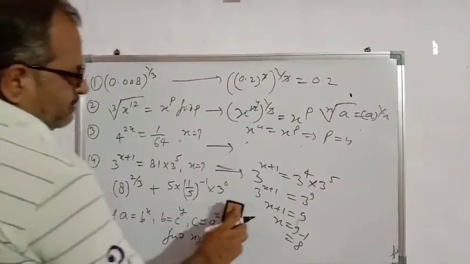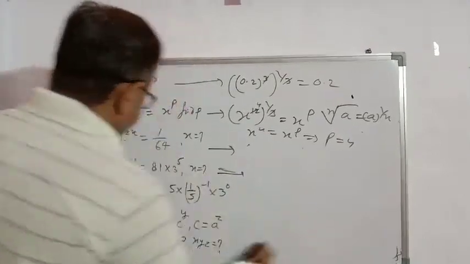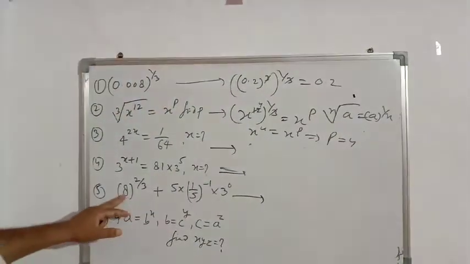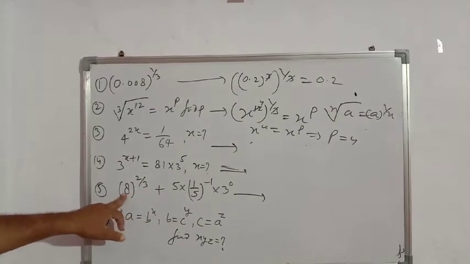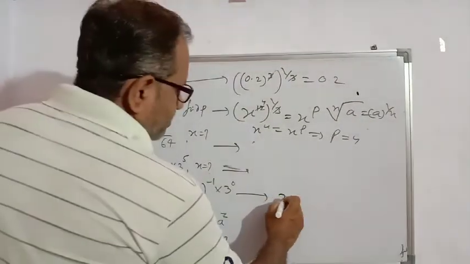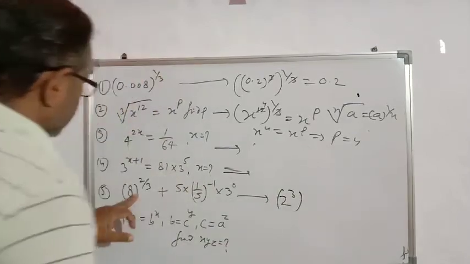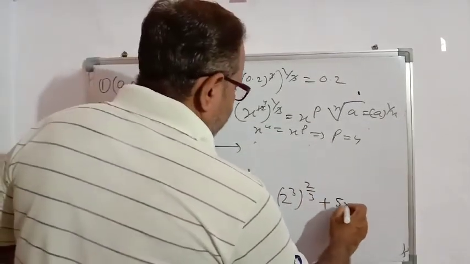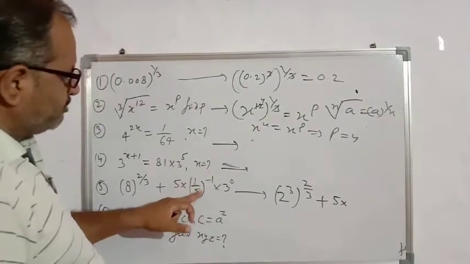Next, question number 5: 8 to the power 2 by 3. Write it in the exponential form. 8 means 2 to the power 3, whole to the power 2 by 3, plus 5 into 1 by 5 to the power minus 1.